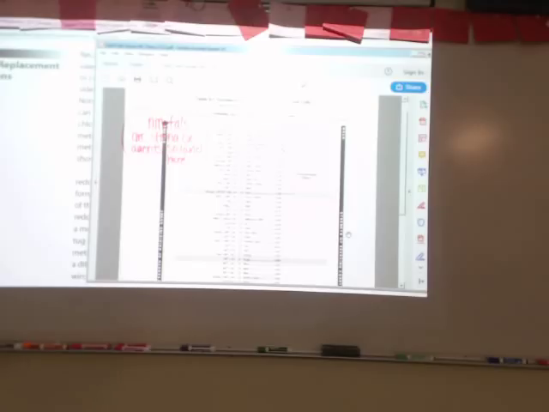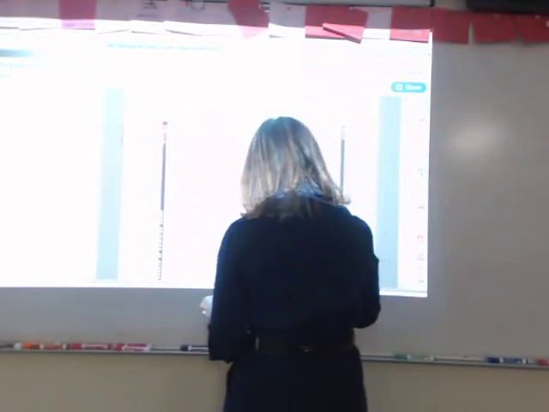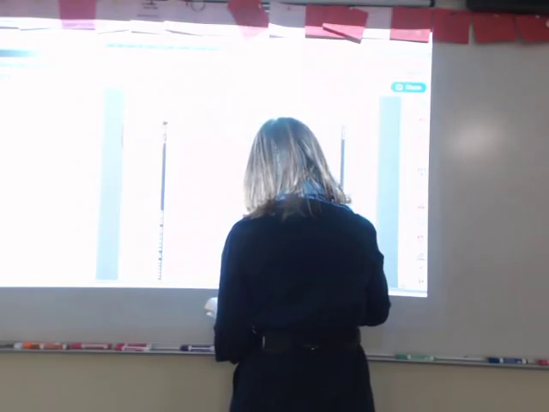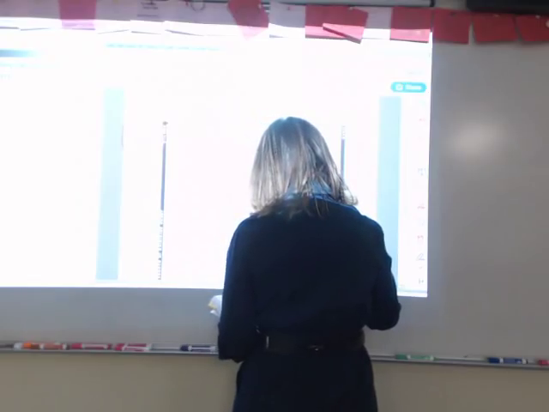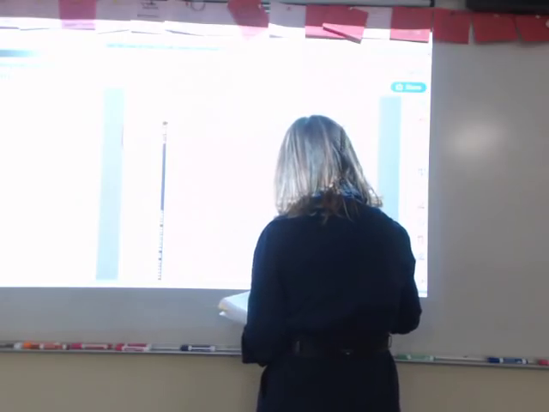And you'll notice that the metals tend to be in the lower right region of the SRP table because metals are strong reducing agents. They like to give their electrons to nonmetals. So down here in the lower right region, I want you to write that metals are strong reducing agents.